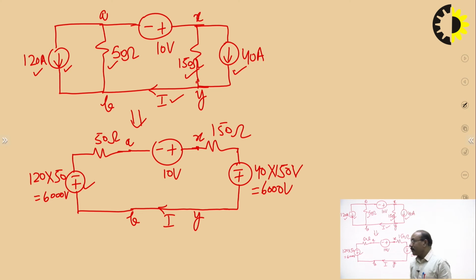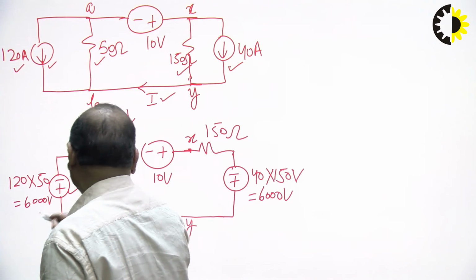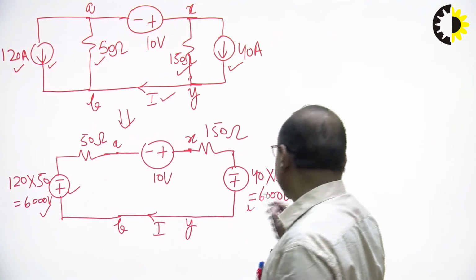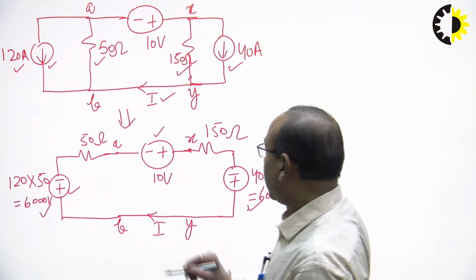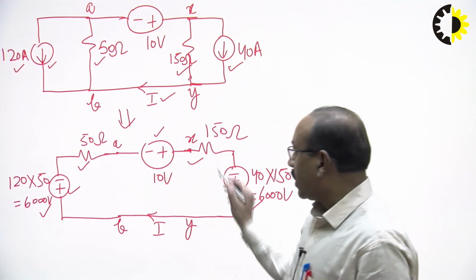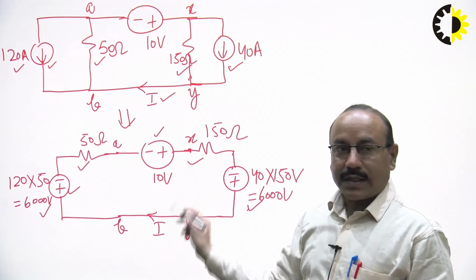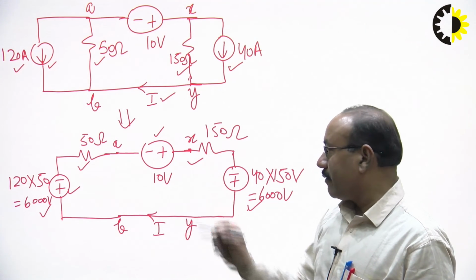If we observe this circuit carefully, this 6000 volt voltage source, this other 6000 volt voltage source, and this 10 volt voltage source, this 50 ohm resistance, 150 ohm resistance, all these are connected in series in this closed path or in this mesh, whatever we call it.